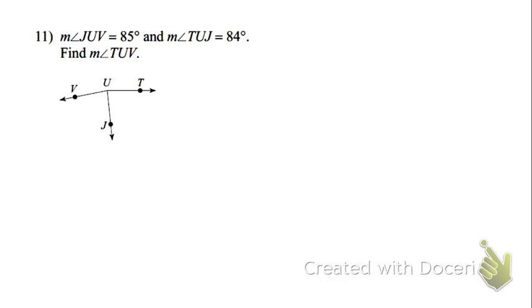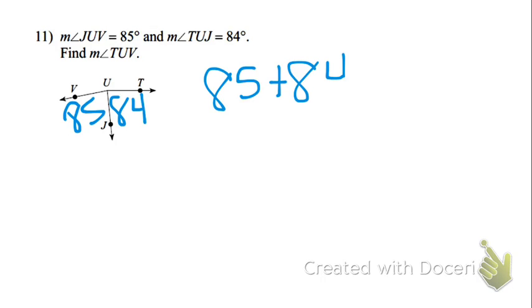Same thing for this one. It tells me that JUV is 85, and TUJ is 84, and we want to find the whole thing TUV, so we add them. 85 plus 84, and hopefully that gave you 169.